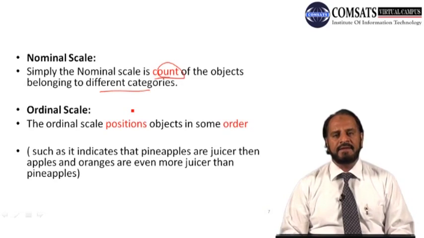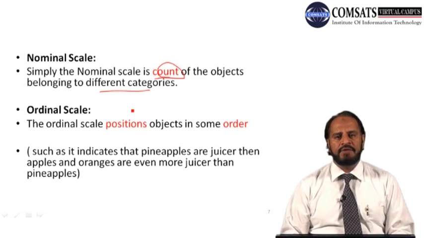So a nominal scale tries to keep account of how many of the responses are in a particular category. On the other hand, an ordinal scale tries to position the objects in some order. As the word ordinal states, we're trying to position the objects in a specific order.